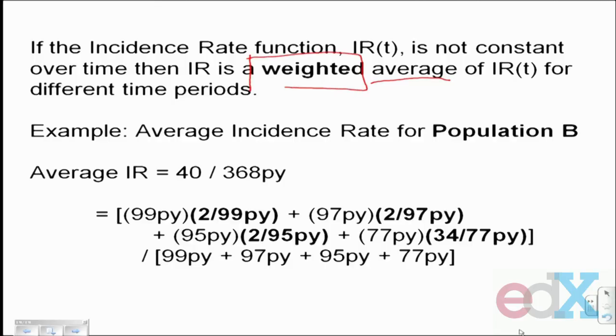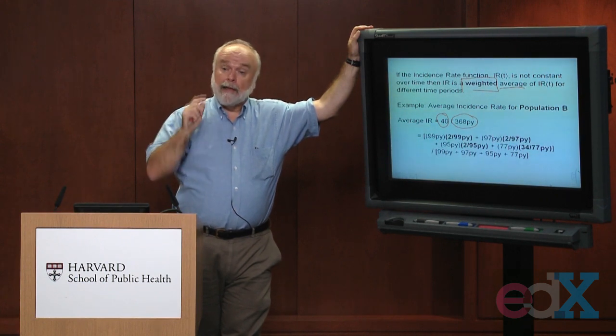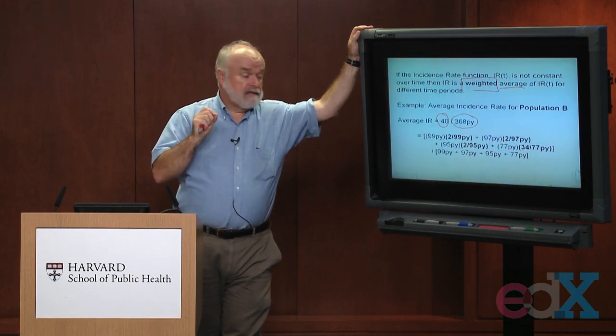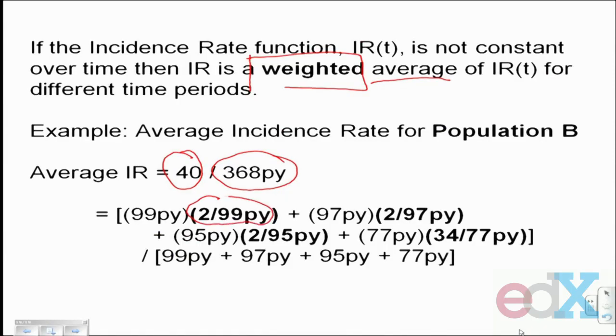Because if I took all the cases, 40, that I observe in population B, and divided by all the person time I observe in population B, 368 person years, and represented that as one number, 0.11 cases for every 1 person year of follow-up, mathematically that's the same thing as taking each of my 4 separate incidence rates that existed in the 1st year, the 2nd year, the 3rd year, and the 4th year, and weighting them by their person time.